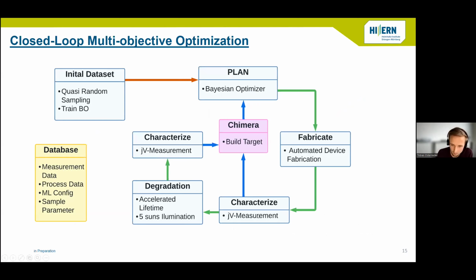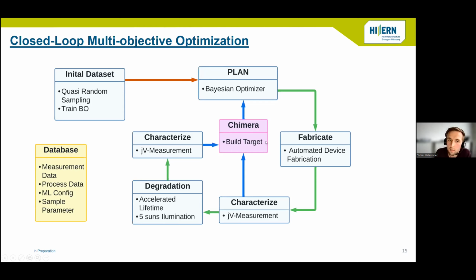We measure them initially, right after fabrication, so we get an initial efficiency. Then we degrade the cells. In our case, we use an accelerated lifetime setup where we illuminate the cells under 5 suns for, I think, 40 hours. And after degradation, we measure them again, and the PCE after degradation was our second target.